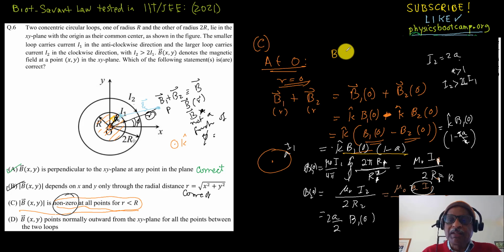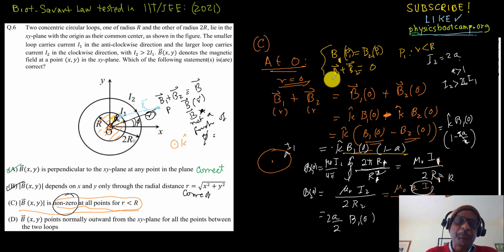So if B1 at some point P1 is equal to B2 at the same point P1, and P1 is such that R is less than R, then B1 plus B2 will be 0. So there will be one point that will be 0. So this has to be incorrect. This is incorrect.